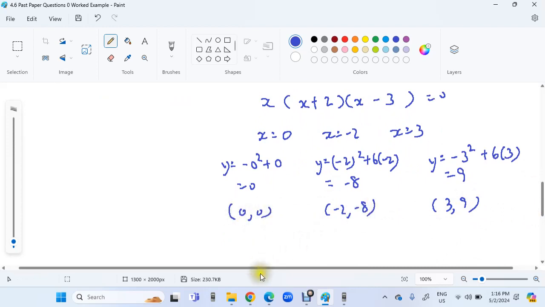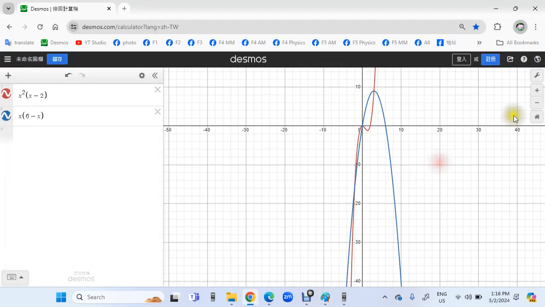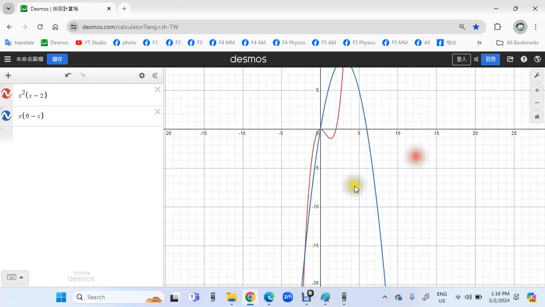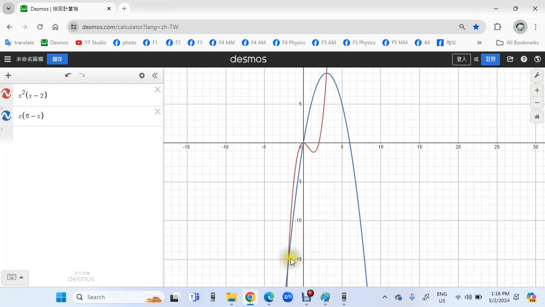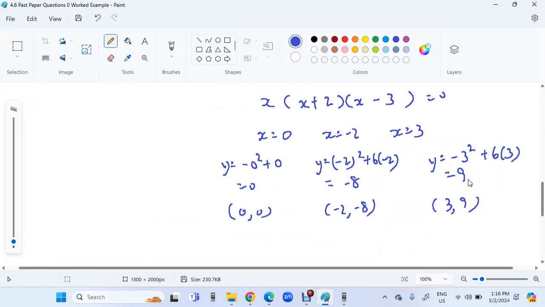We can check by looking at the graph in the decimals here. Negative 2, negative 16, 0, 0, and 3, 9. Negative 16? Oh, it is negative 16, right?